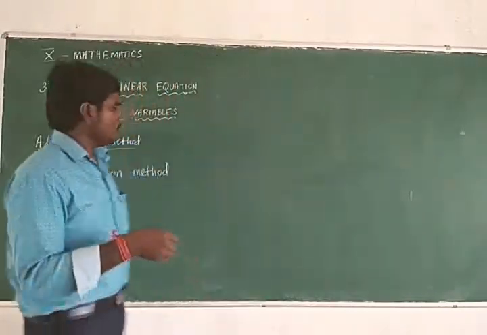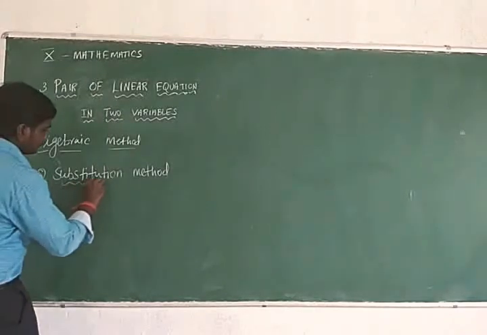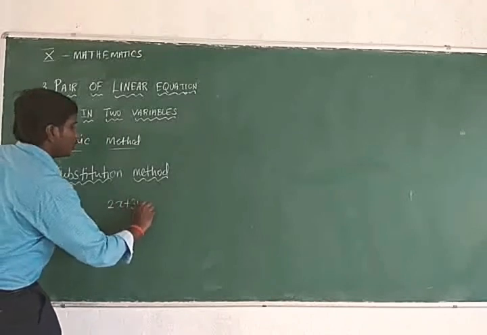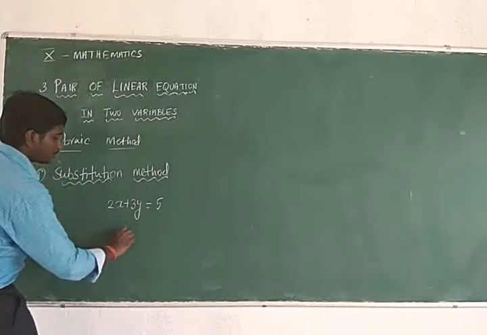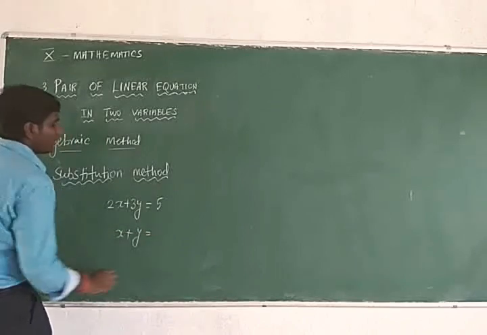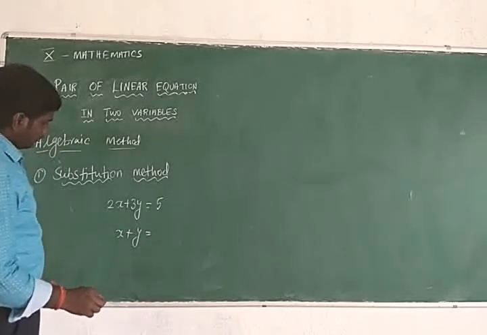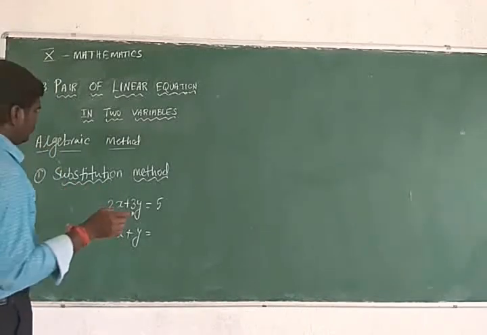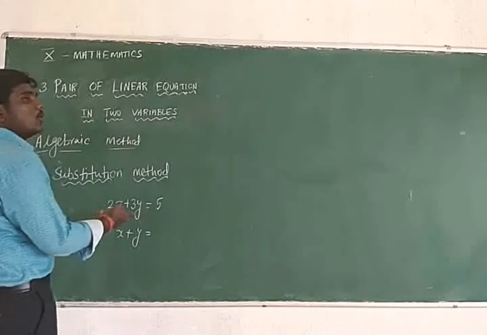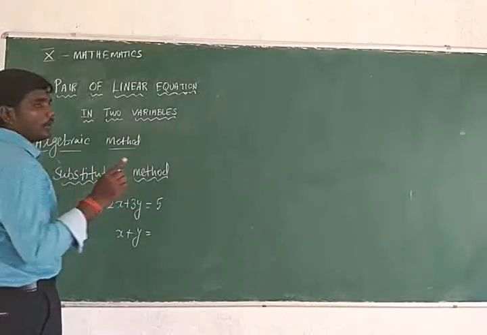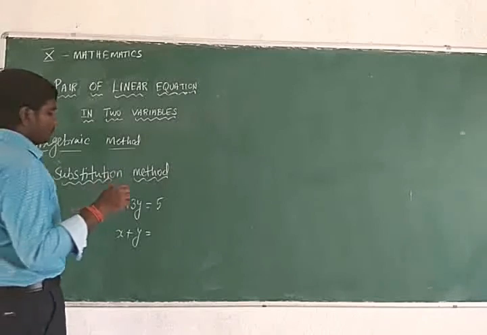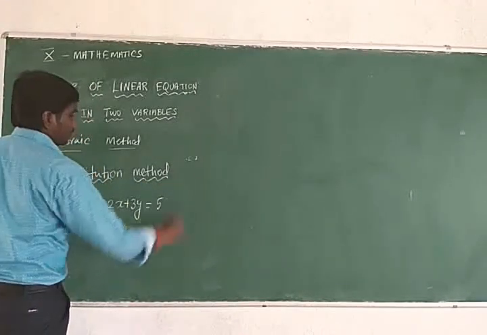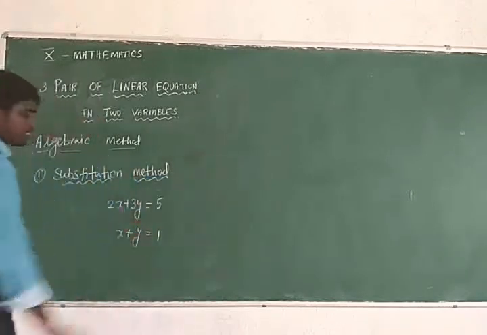For example, take two equations: 2x plus 3y is equal to 5, and x plus y is equal to 1. Now two equations are there.